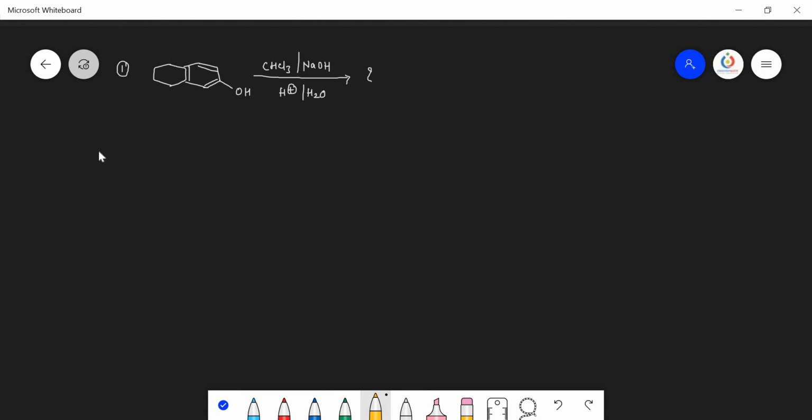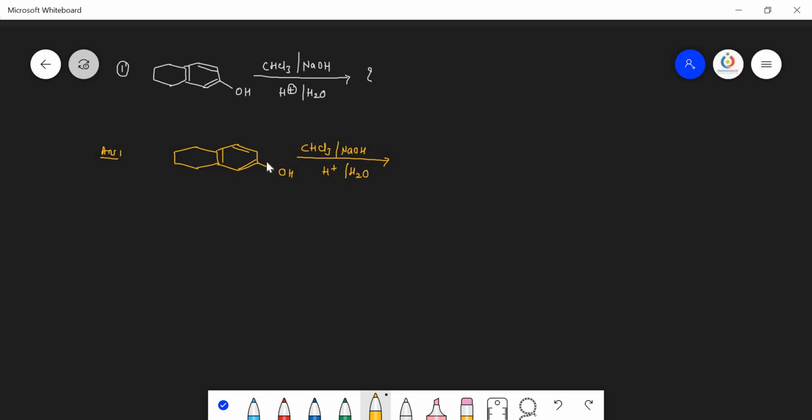Let us see product 1. Product 1 is the normal Reimer-Tiemann reaction. The OH group is here, the para position is completely occupied, so it is a normal Reimer-Tiemann reaction: CHCl3, NaOH, H plus, H2O.